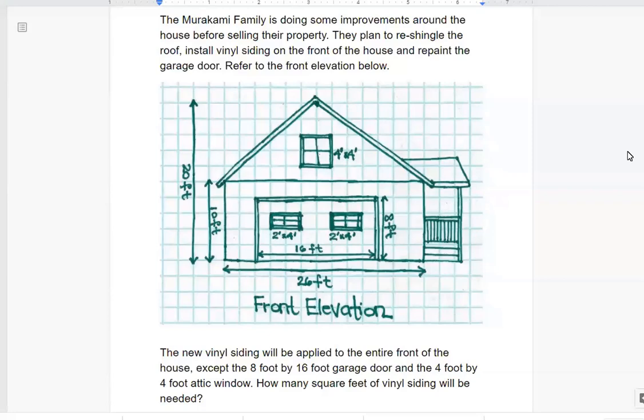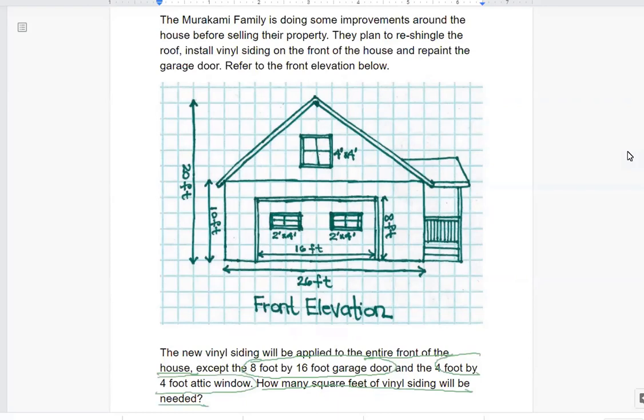Okay, so there's a picture of the front of their house, and it says the new vinyl siding will be applied to the entire front of the house, except the 8-foot by 16-foot garage door and the 4-foot by 4-foot attic window. That makes sense. We wouldn't cover the attic window. And then we want to know how many square feet of vinyl siding would be needed.